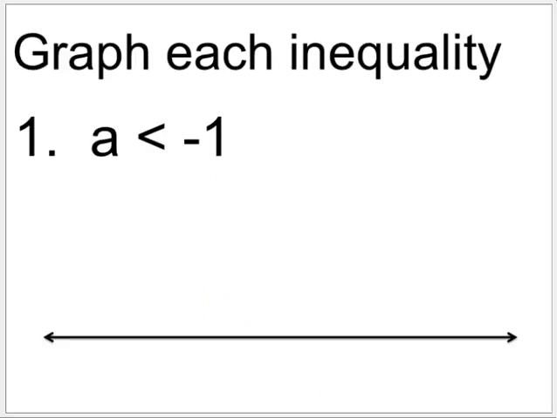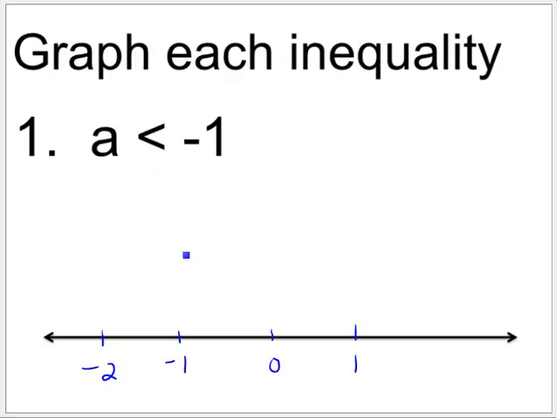In the first example, I have a is less than -1. Now, notice how the variable's on the left-hand side. That's the way we want it to be. All I really need to do is make sure that I have -1 on my number line. I will include some other numbers as well, but -1 must be there.